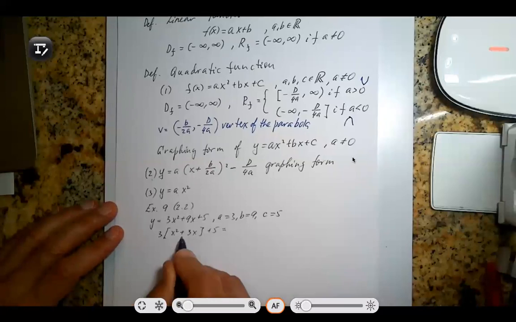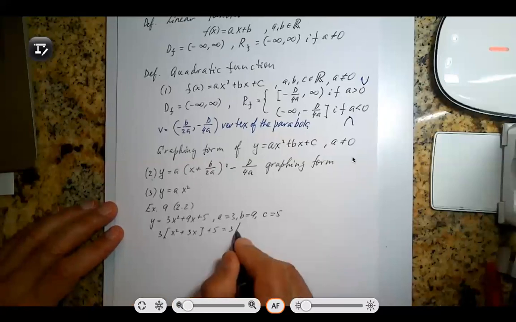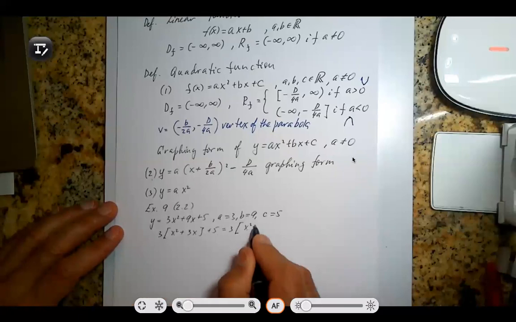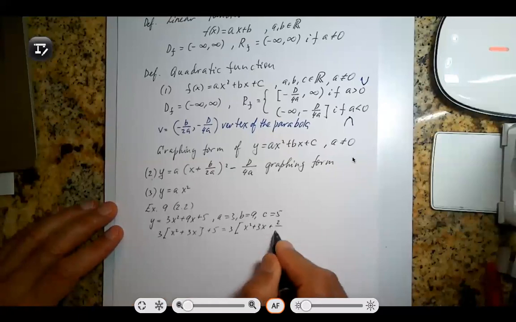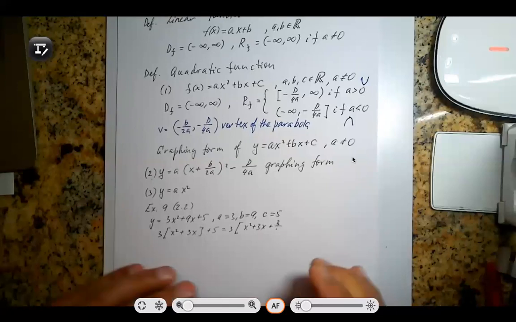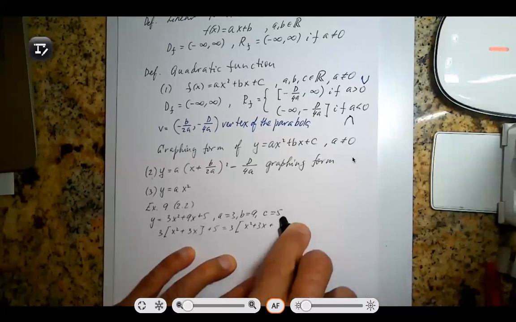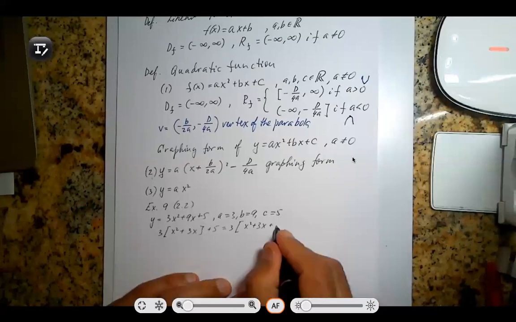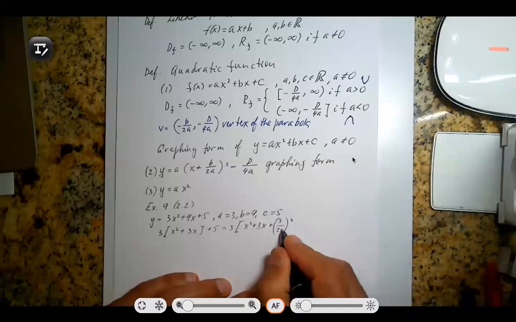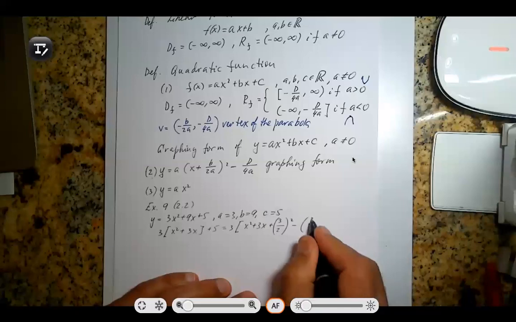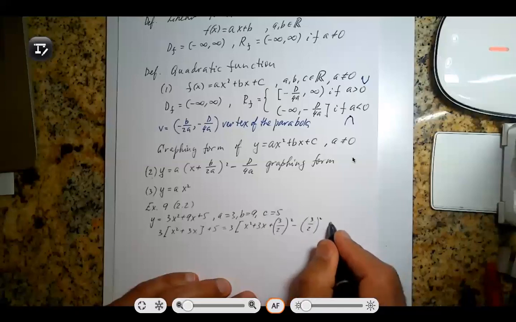Let's make a perfect square. x squared plus 3x. Take half of it. Half of the 3. Square it. Add and subtract.